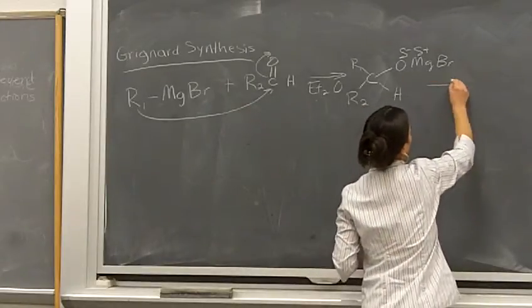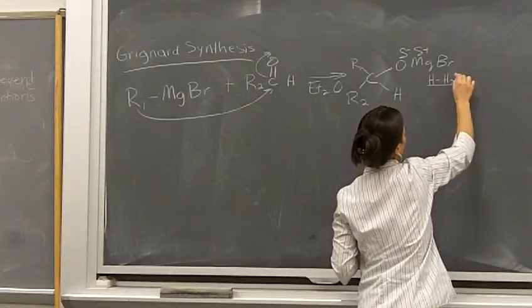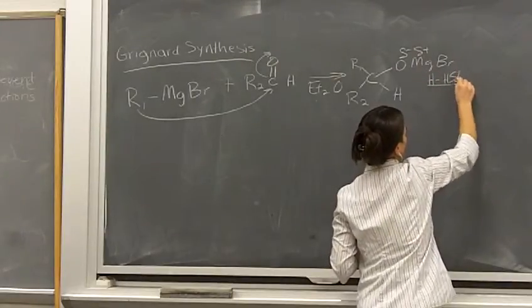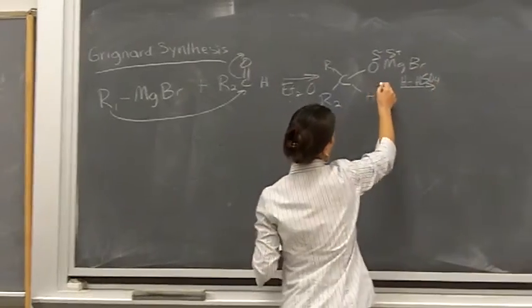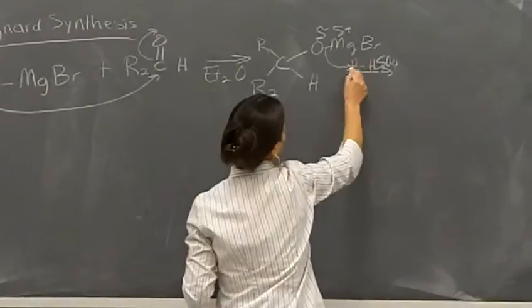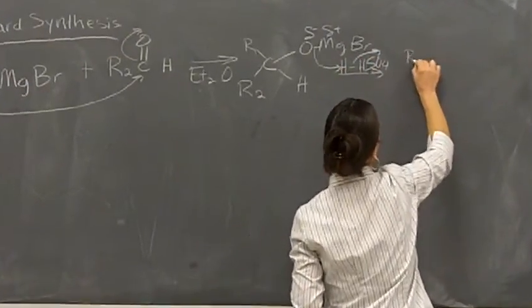We want the alcohol at the end. So what we need to do is we're going to use acid, and in our case, we're going to use sulfuric acid, okay? And then we will get our alcohol.